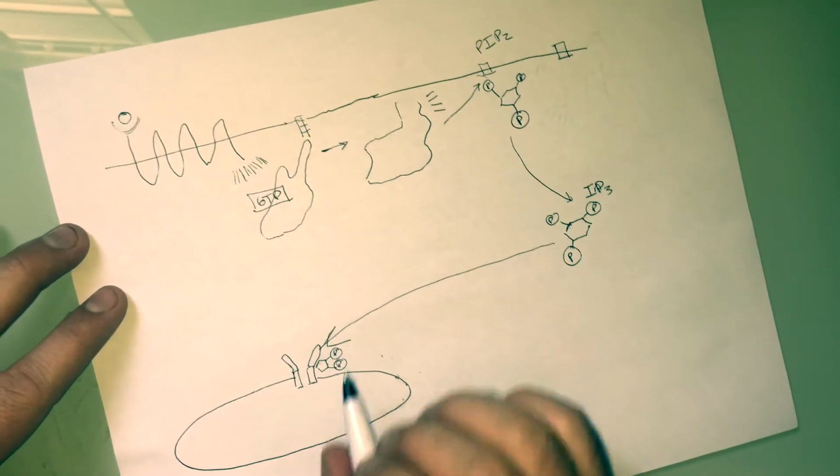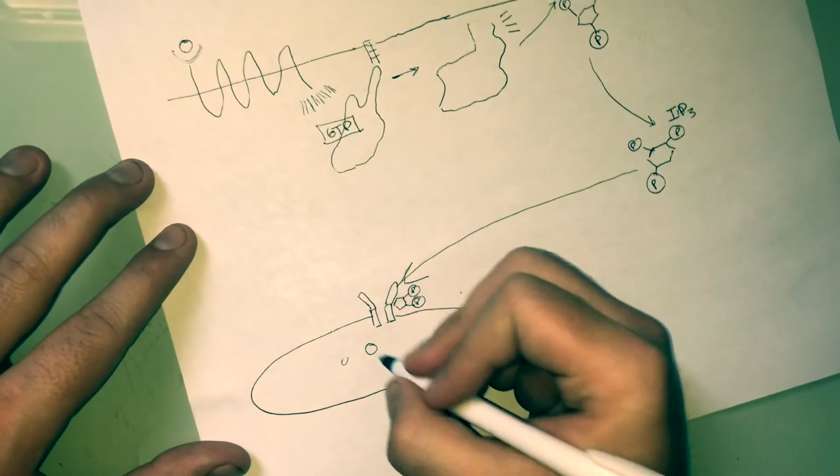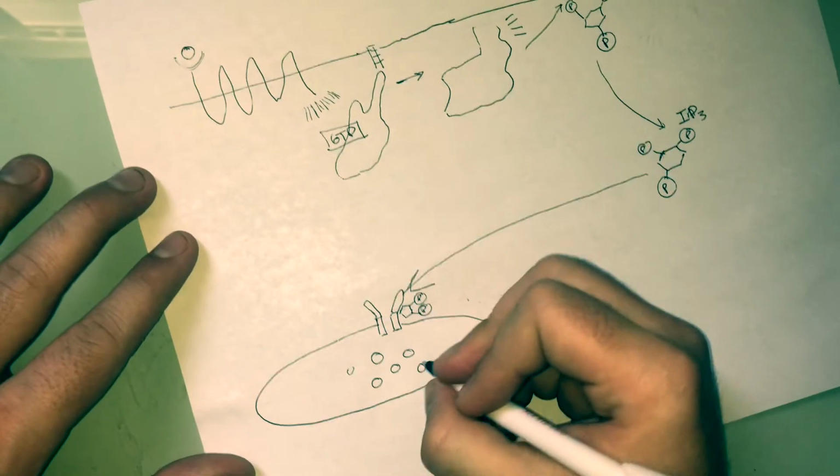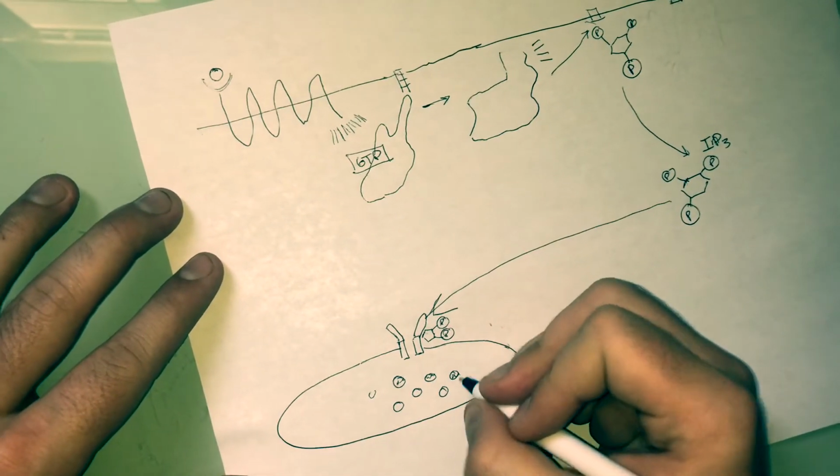Once the calcium channels are open, it's going to release tons of calcium ions. We'll just say these are calcium ions, the scribbles.